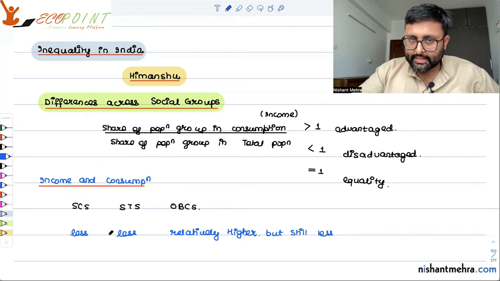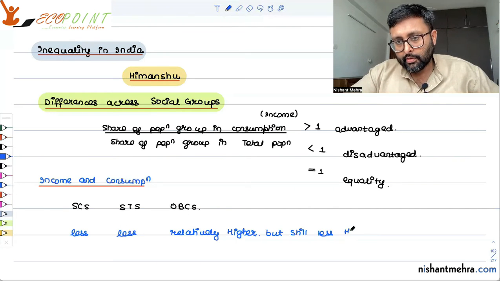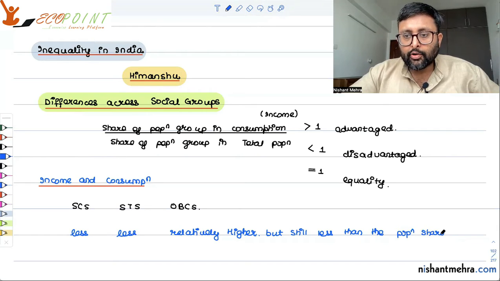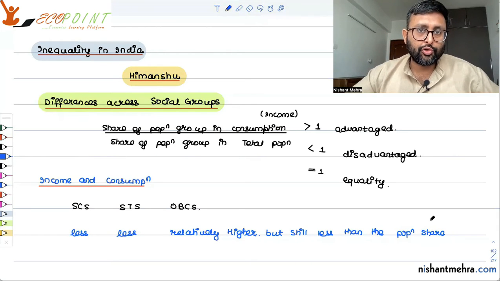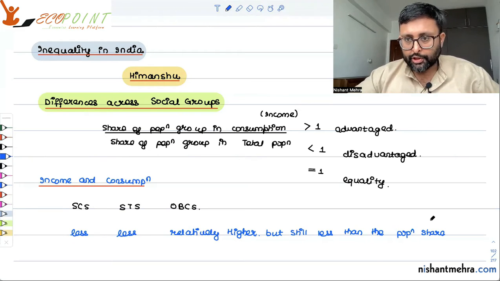Compared to SCs and STs, this share is higher, but still less than the population share. Let's say OBCs are 15% of the total population. If they do not have even 15% of the total income, then they are at a disadvantaged position. So compared to SCs and STs, they are relatively better, but it is still lesser than their population share.